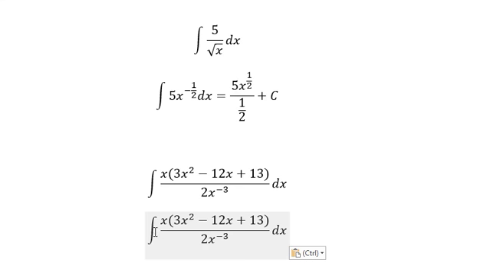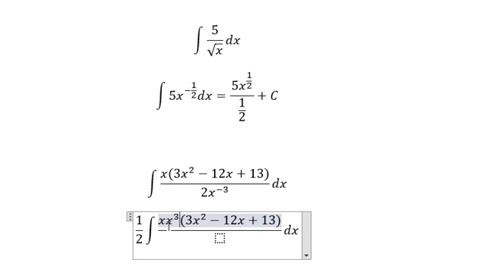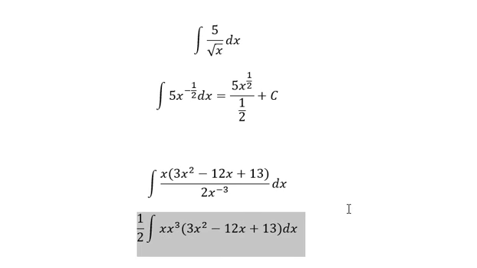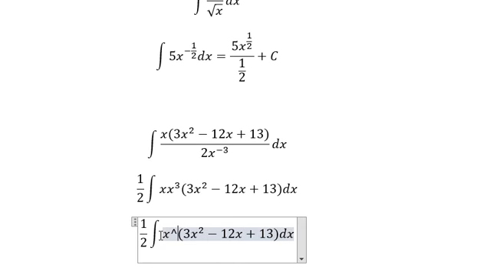So we put number 2 outside. We know that x to the power of negative number 3, we can put in here. We know that x with x to the power of 3, we can put about x to the power of 4.